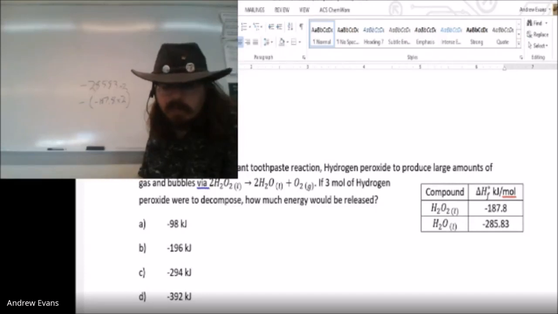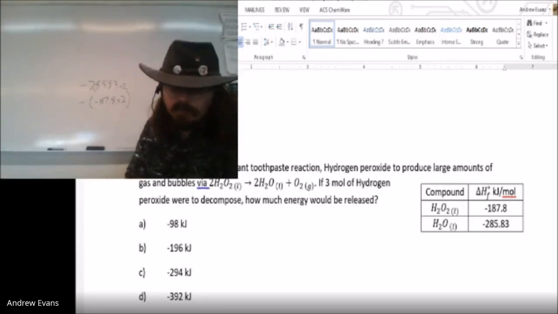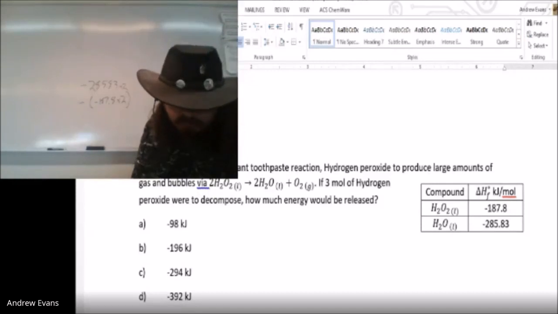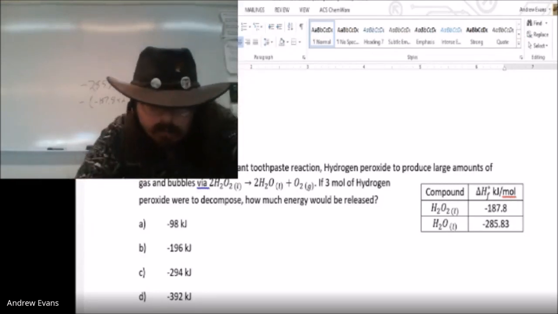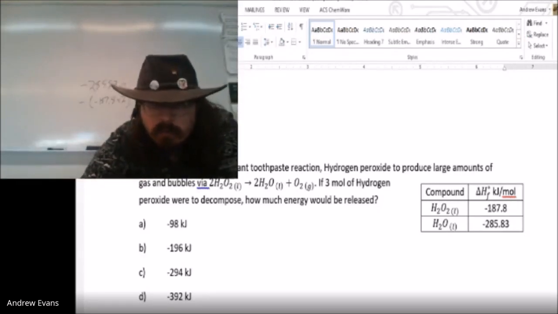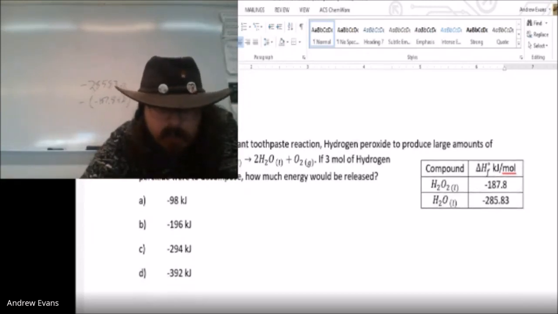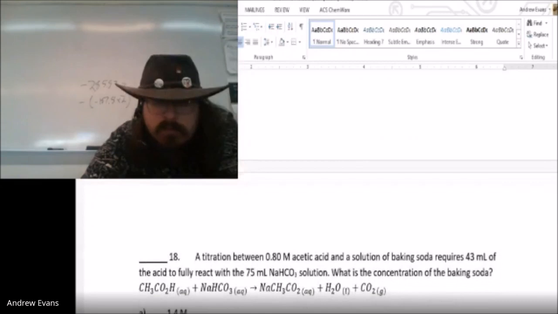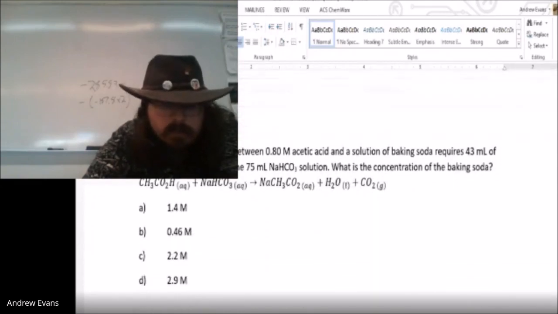If we were to react 3 moles of peroxide, it would be 1.5 times, or 3 over 2 times. So the correct answer is actually 294. As I said, that was a tricky one. A lot of people chose 196 because they did not read that. I've asked more problems, so I've asked less hard problems.